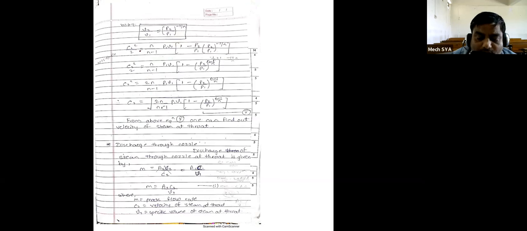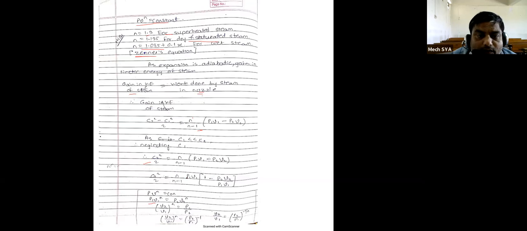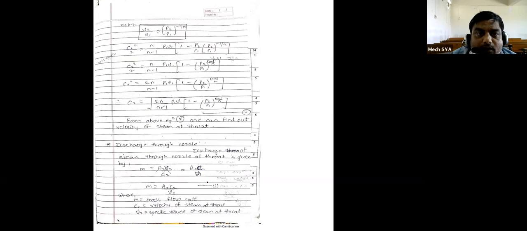Therefore, C2 square upon 2 is equal to n upon n minus 1, P1 V1, in bracket 1 minus P2 upon P1 into P2 upon P1 raised to minus 1 upon n. Simplifying, C2 square upon 2 is equal to n upon n minus 1, P1 V1 into bracket 1 minus P2 upon P1 raised to n minus 1 upon n.